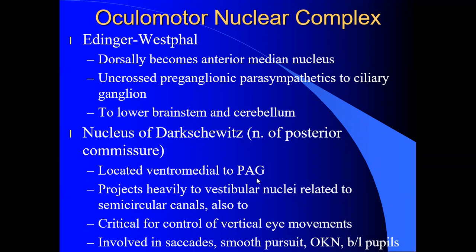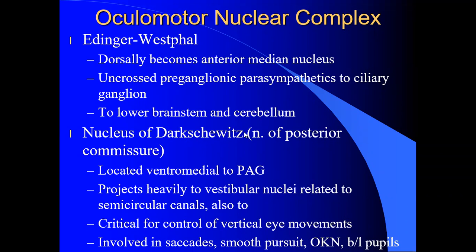It projects to the vestibular nuclei for the semicircular canals, and it is critical. The nucleus of Darkschewitsch, which we think of as for consensual pupillary light, actually is critical in the control of vertical eye movements. I kept going back and forth on this because I've always worked with this clinical association of consensual.